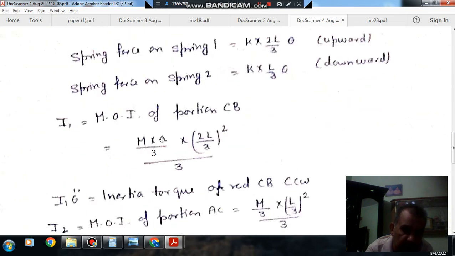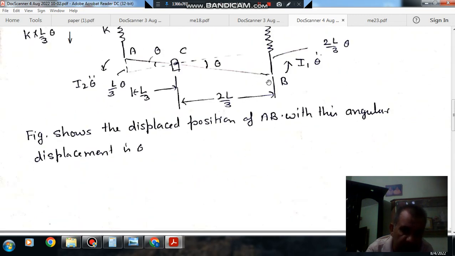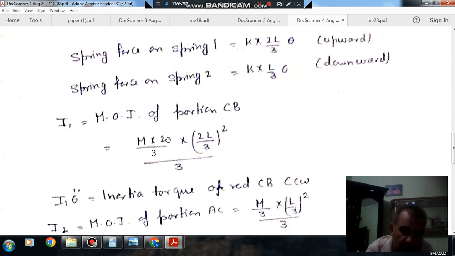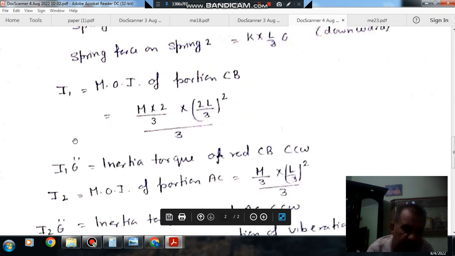That is the mass of portion CB, and it is vibrating about this point. So we take the moment of inertia about this point, and we multiply the mass of this rod with the length squared divided by 3. The general formula is ml square by 3. So here m is m into 2 by 3, and l is 2L by 3, squared, divided by 3. This is the moment of inertia I1.